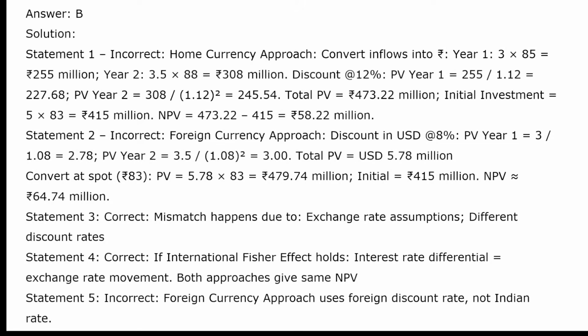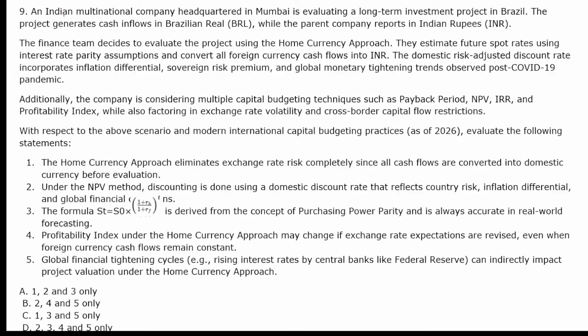Okay, next. An Indian multinational company headquartered in Mumbai is evaluating a long-term investment project in Brazil. The project generates cash flow in Brazilian real, that is BRL, while the parent company reports in INR. The finance team decides to evaluate the project using home currency approach.